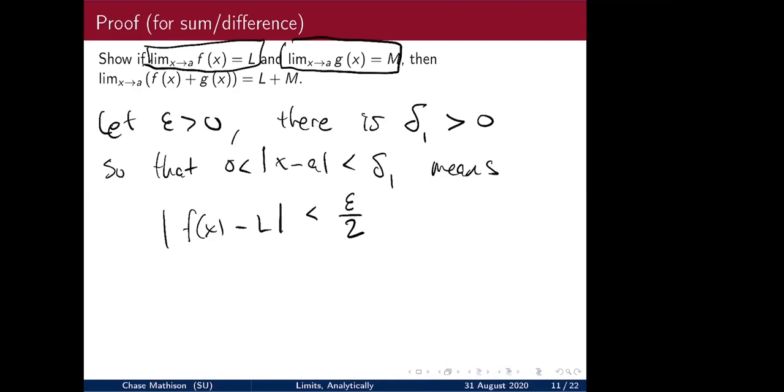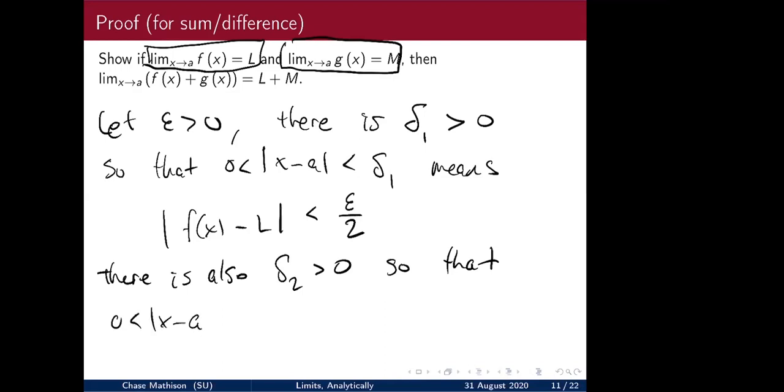So there is also delta 2 greater than 0, so that, again, 0 less than absolute value of x minus a less than delta 2 means that the absolute value of g of x minus m is also less than epsilon over 2.